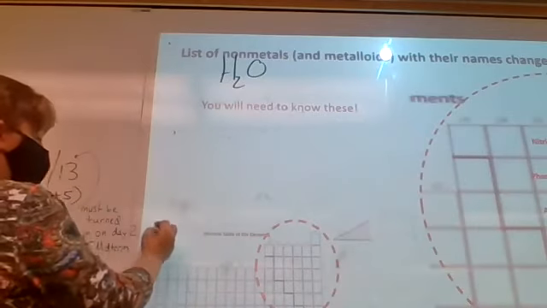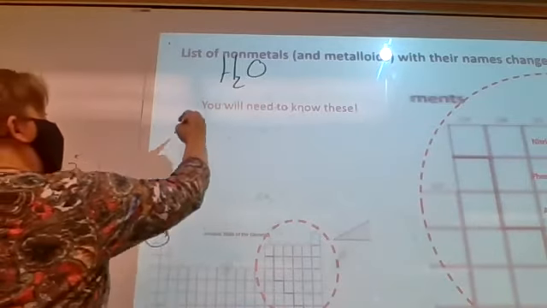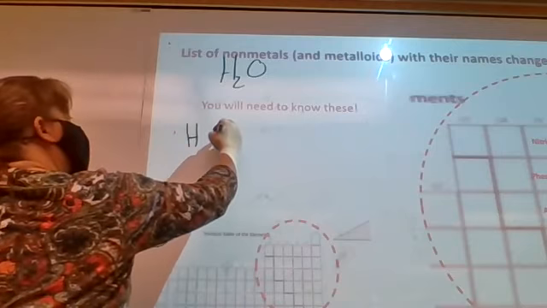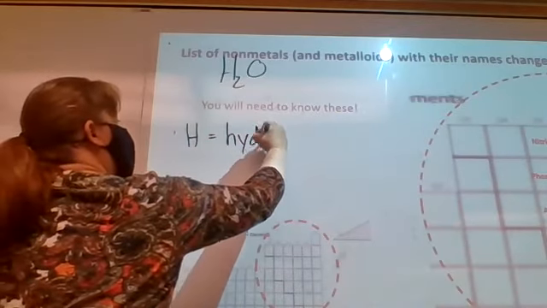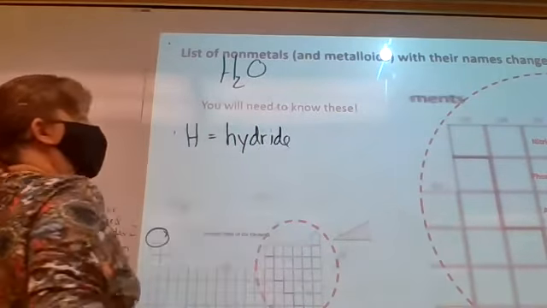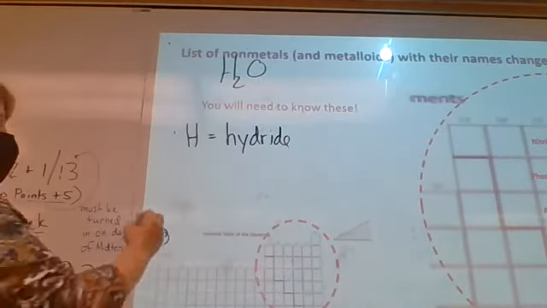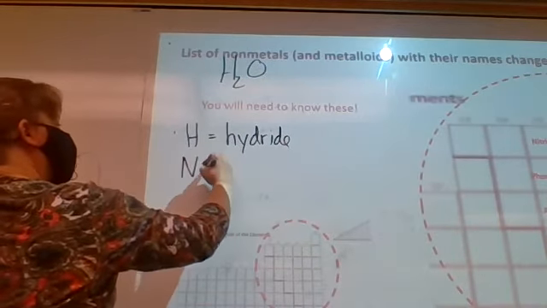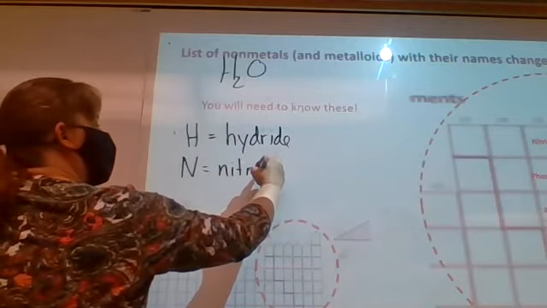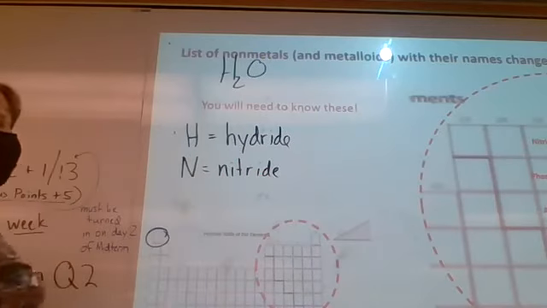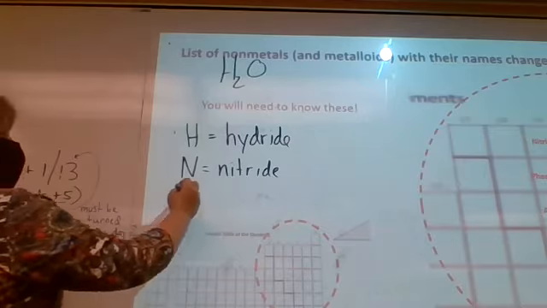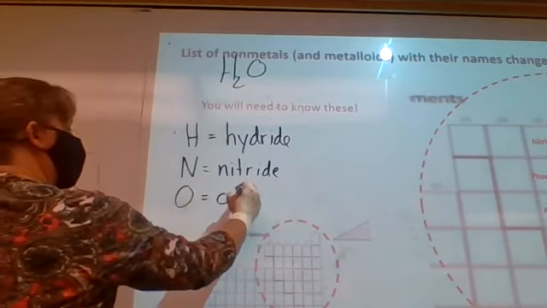So first of all, hydrogen is a non-metal, but instead of hydrogen, when we end with it, we write it as hydride. So hydride is our first one. Nitrogen becomes nitride. Oxygen becomes oxide.